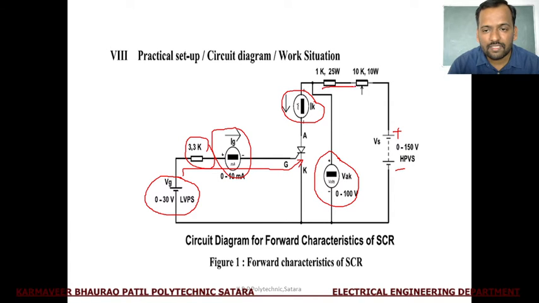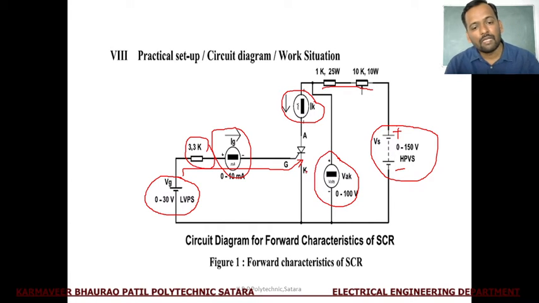These two resistances are current limiting resistances again. Here we are using two power supplies, one for gate current and one for anode and cathode. For proper operation of SCR, anode must be connected to positive, cathode to negative, and a sufficient amount of current is provided to the gate terminal.